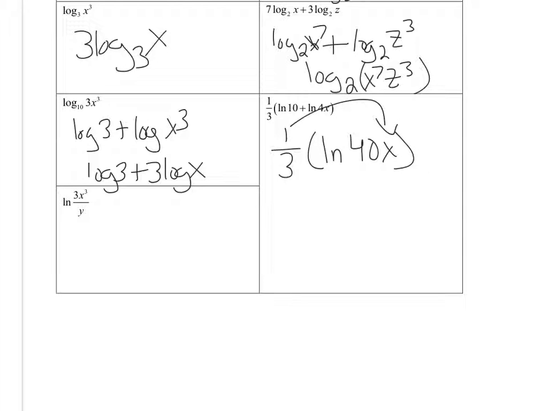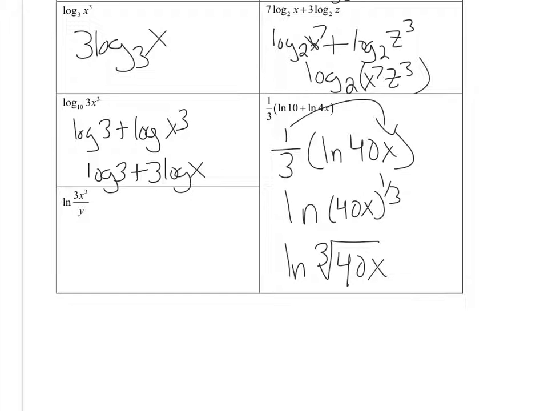Then you move that into the exponent, so you get the natural log of 40x to the 1/3, which is natural log of the cube root of 40x. So here, you want to do the division first, so you go natural log of 3x to the 3rd minus the natural log of y. Then do the multiplication, so you have natural log of 3 plus, and I'm going to bring this down to the front, so plus 3 natural log of x minus the natural log of y.